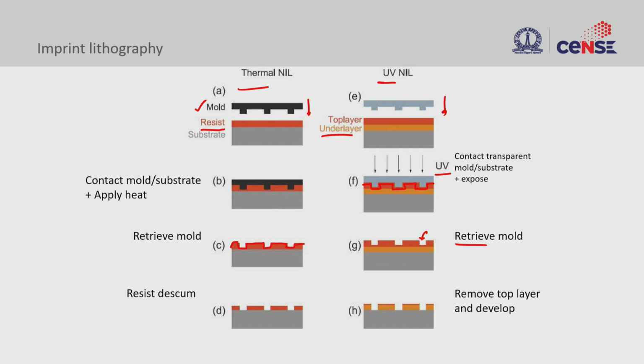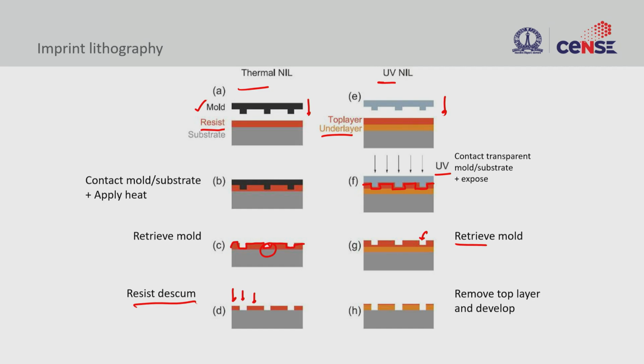After removing it, we always do what is called descum, a removal of the layer that is left here, because normally you cannot completely remove the resist or the soft material from the trenches. You need to do a short plasma etch in order to remove it.